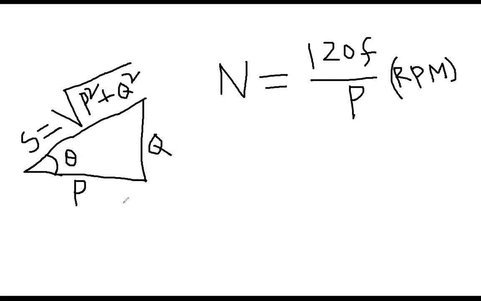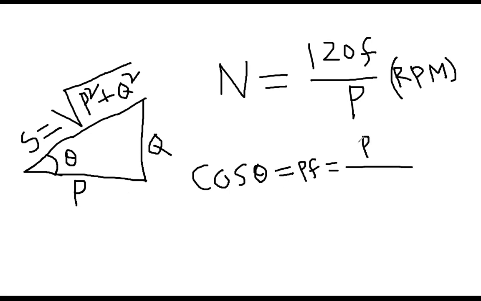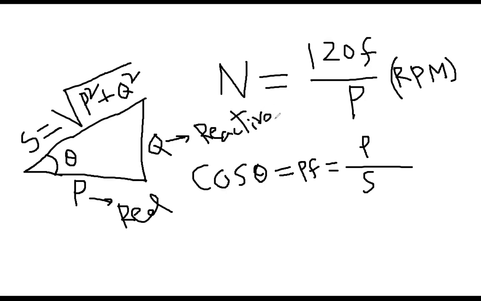So from this power triangle, what is the power factor? Power factor is cosine of theta. What is the relationship? P over S. This means P is the real power, and Q is the reactive power.